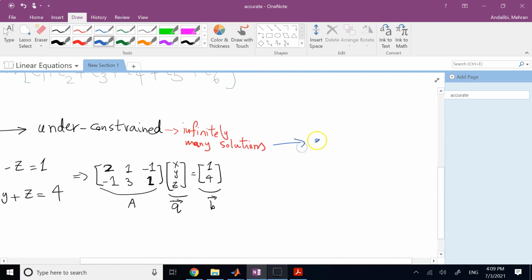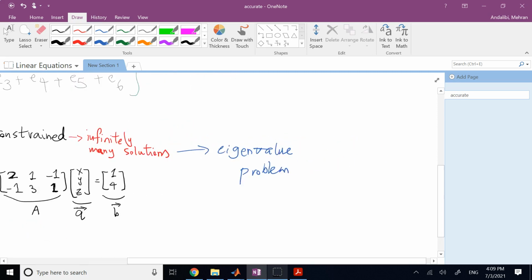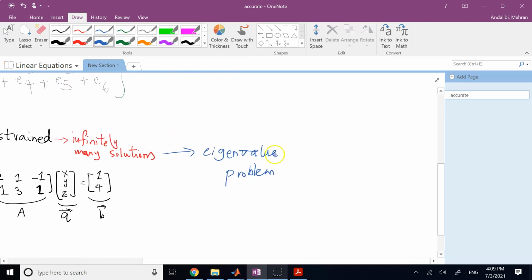In general, you can see that the eigenvalue problems are under-constrained problems. I mean, the eigenvalues themselves, no, there is an equation you will get, in general an nth order polynomial, and the roots of that are eigenvalues. But when you go and determine the eigenvectors, what you will get are just a ratio.